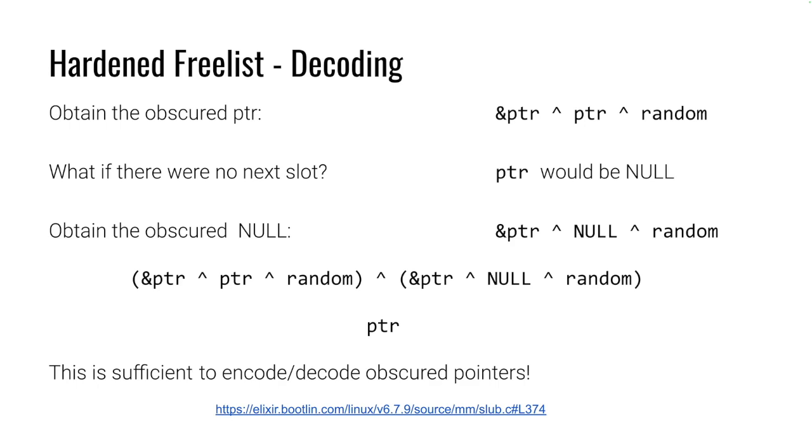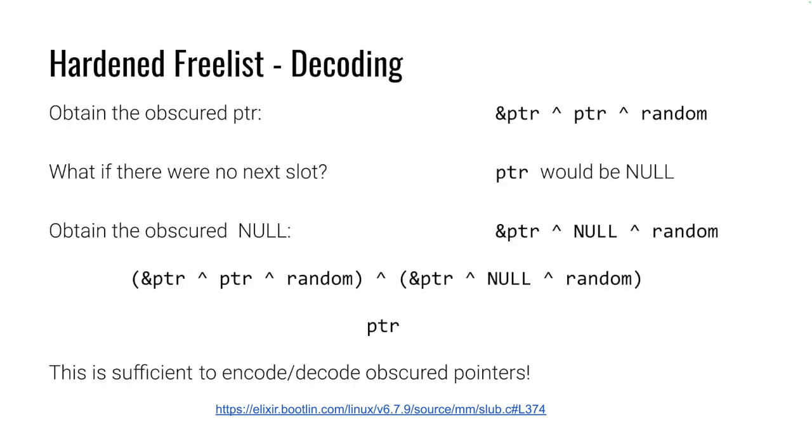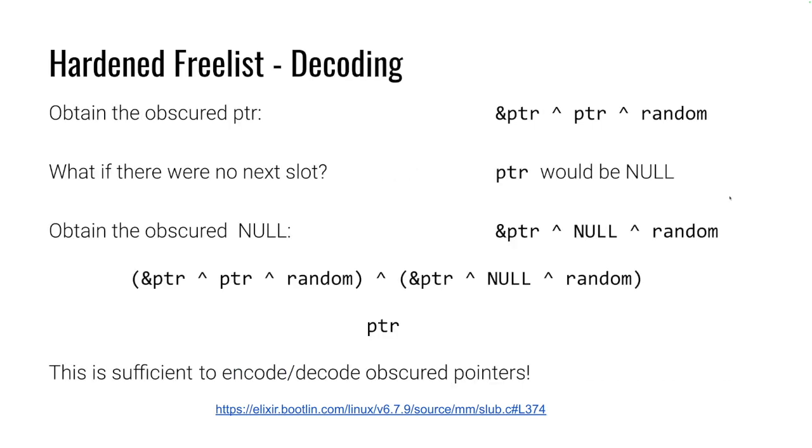So the first thing that they can obtain is this obscured pointer from this scenario here. The second thing that the attacker can obtain is, well, what if we made the pointer null? We set it up such that the use after free is the last item in the free list, in which case its next pointer is null. Then the attacker can obtain that address of the pointer XORed with the random value.